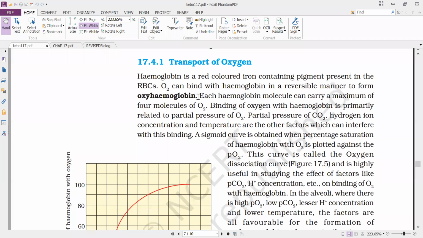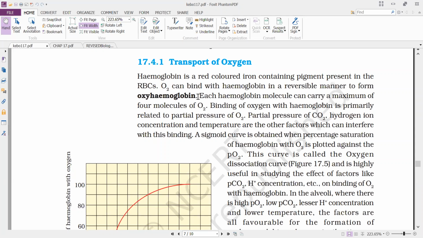The binding of oxygen with hemoglobin is primarily related to the partial pressure of oxygen. Already I told you that the binding mainly depends upon the partial pressure of oxygen. The partial pressure of carbon dioxide, hydrogen ion concentration, and temperature are the other factors which can interfere with this binding.